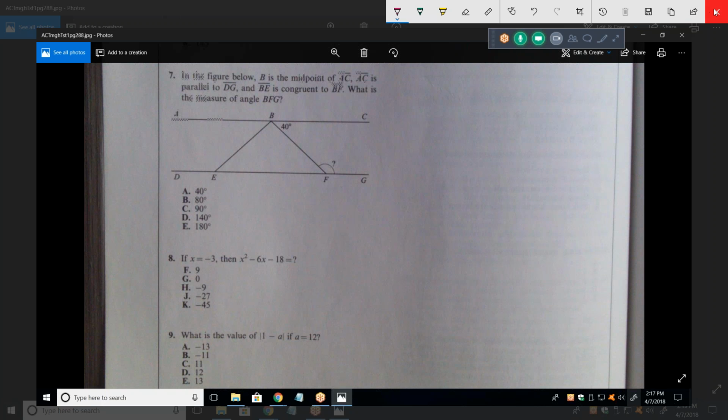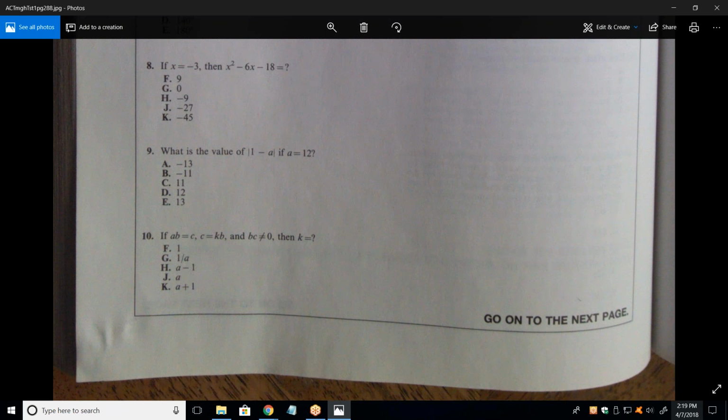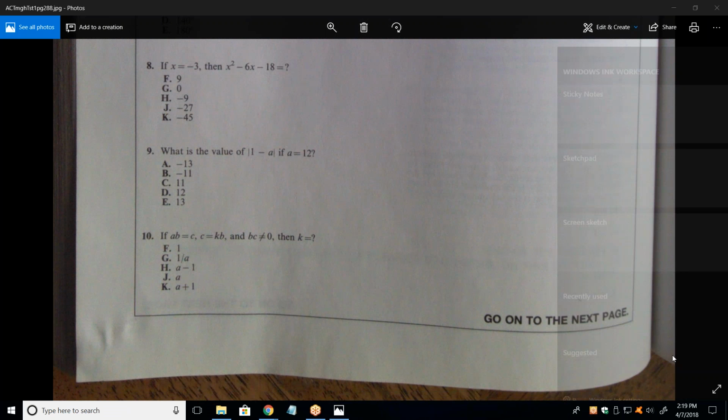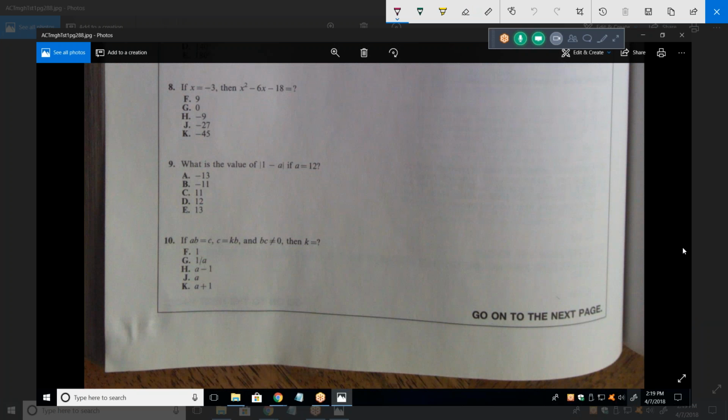Let me scroll down here. Number 8. Tell me what you're going to do. What are you writing? I'm gonna plug in -3 for X. Tell me exactly what to write, because this is the key. So it would be -9.